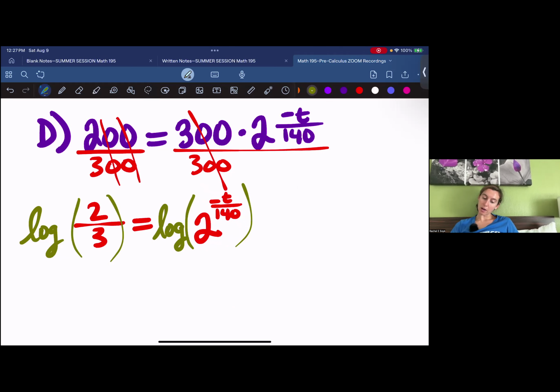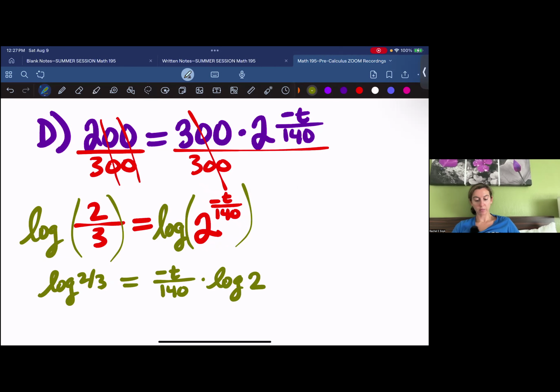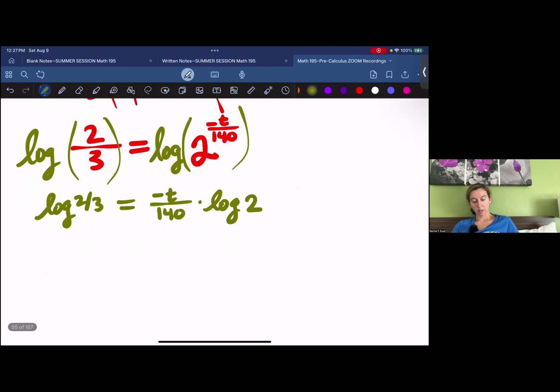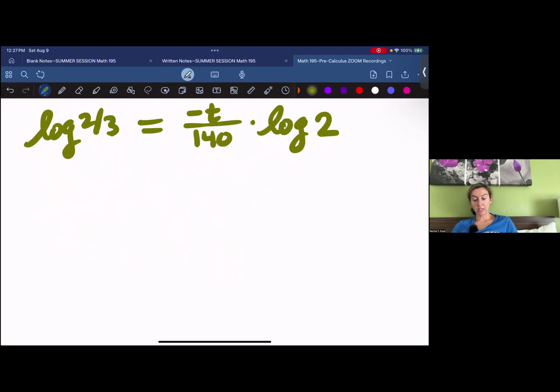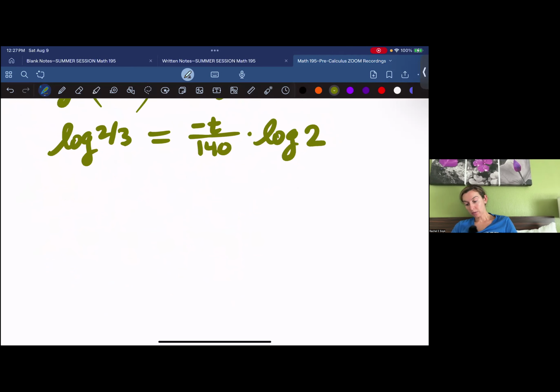So now we have a log of 2/3 is equal to, I'm going to bring that exponent out in front, negative t over 140 times our log of 2. Again, our objective is to get t all by itself. So I'm going to divide both sides by log of 2.